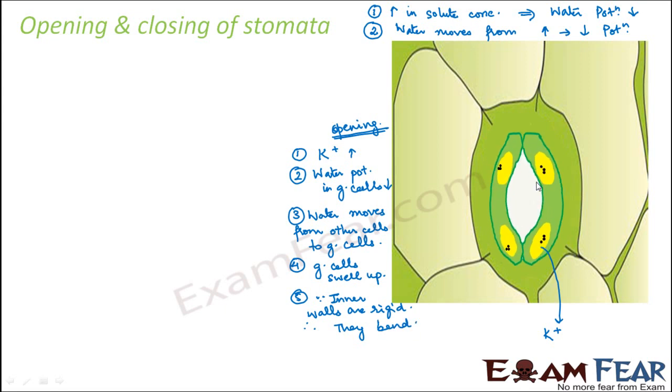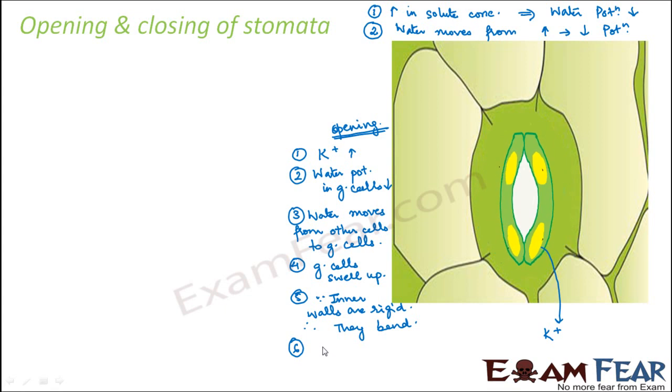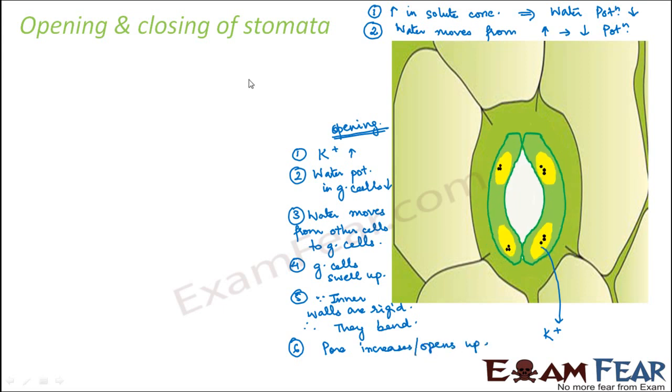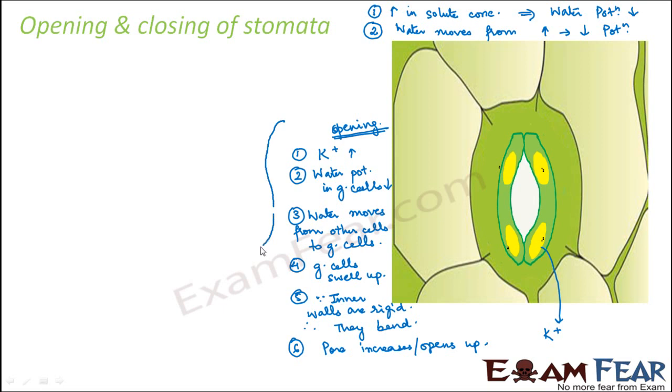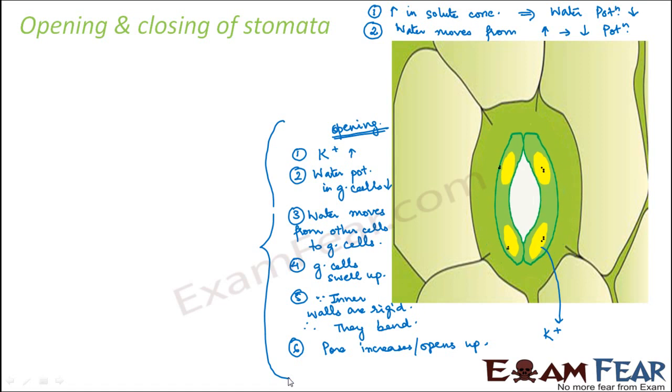So the wall starts bending due to the swelling up, and as a result of this bending of the guard cells, the pore increases or opens up. And exactly the reverse process happens when the concentration of the potassium ion decreases. So this is how the opening and the closing of the stomata take place.